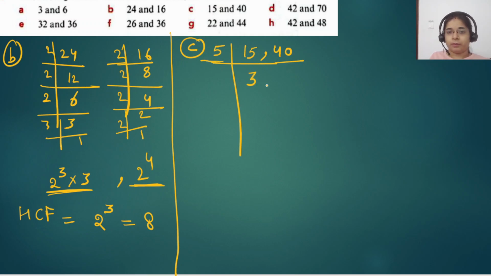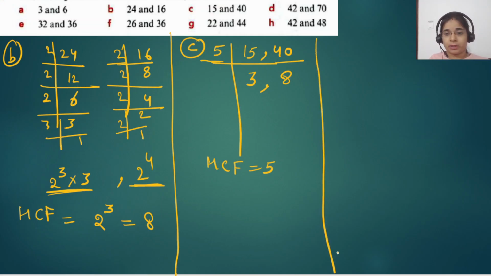So 5 3s are 15, 5 8s are 40. Do we have any other prime number that divides 3 and 8 both? No. So this method will stop here only, and this will give us HCF as 5. Okay, because we will stop when we get no common divisor here.